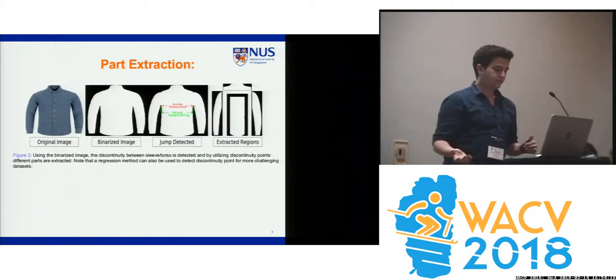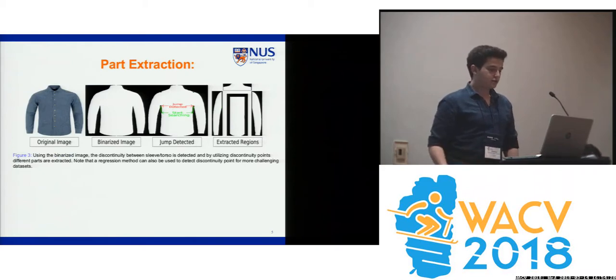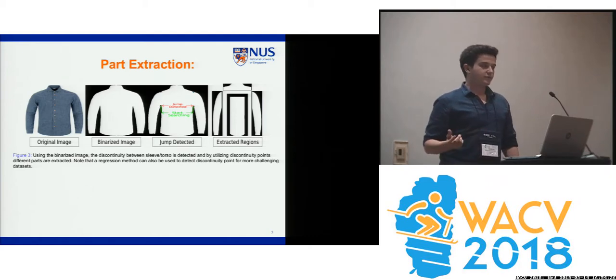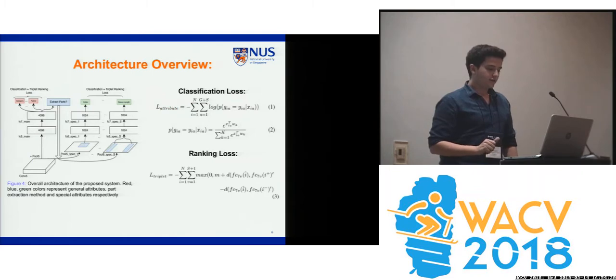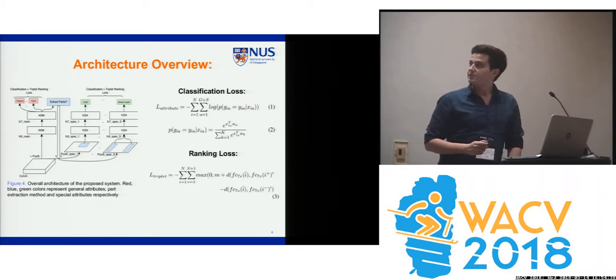Next, before going into the learning part, we use an unsupervised part extraction algorithm to extract regions of the clothing products from the original image. For the learning part, we use AlexNet as a baseline and apply several modifications.